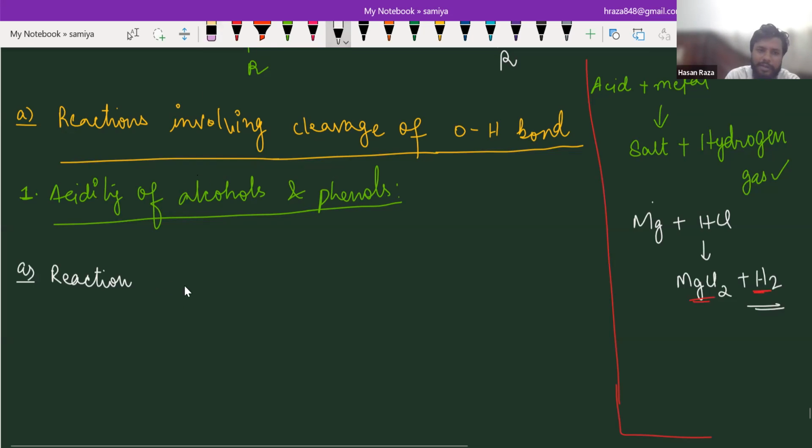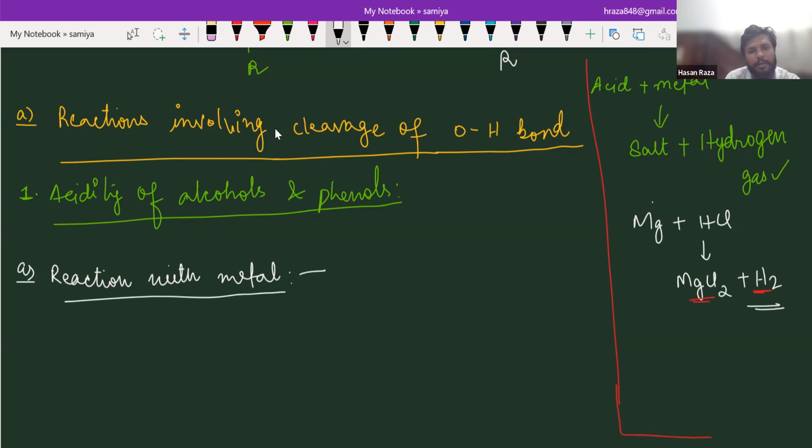So this is basically reaction with metals. We are going to react alcohol and phenol with metal. As I already told you, if this is ROH, alcohol, and you react it with Na, sodium, hydrogen will be eliminated and evolve, so we take 2 moles.